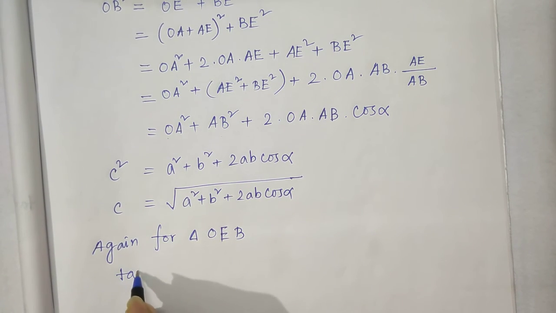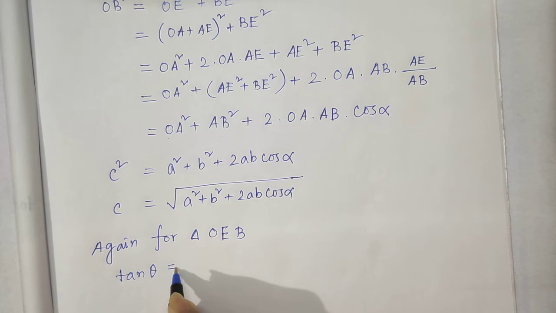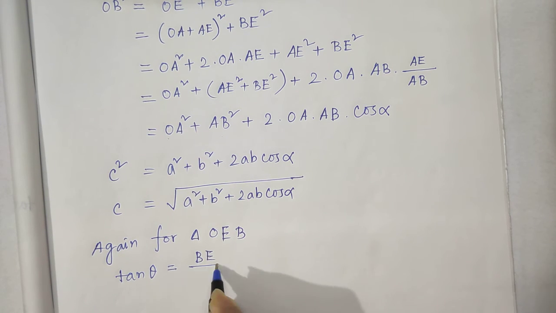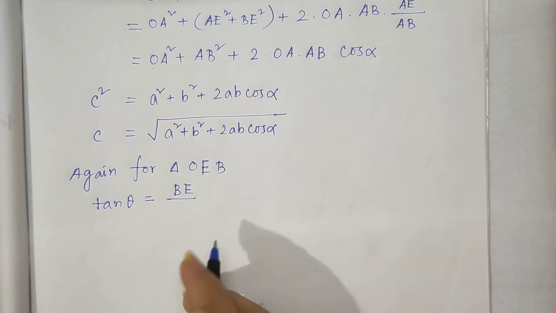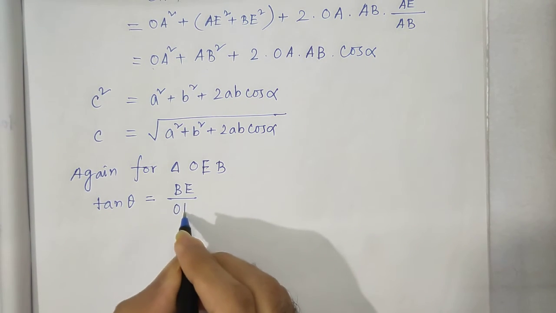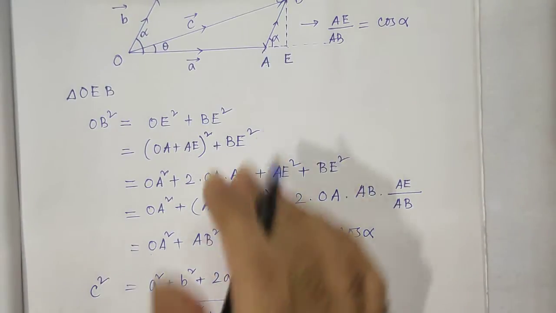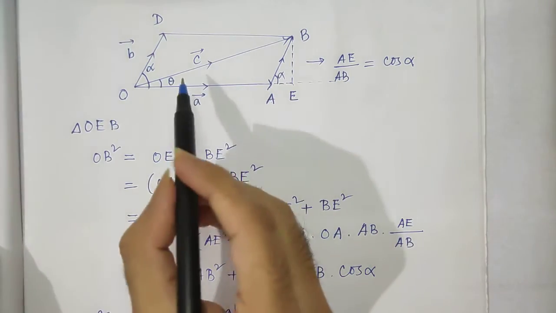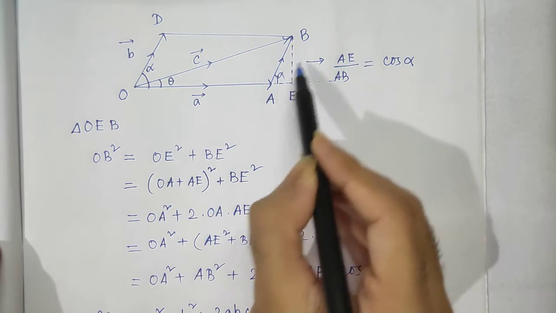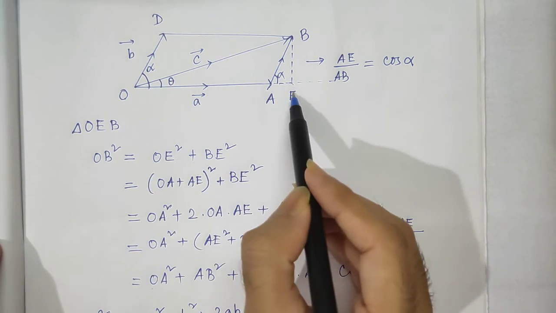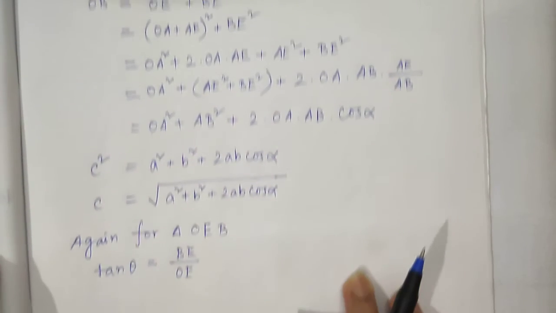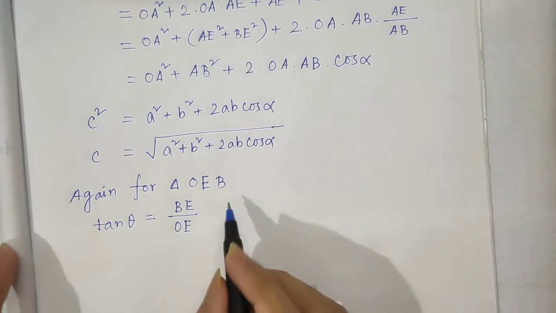So tan theta equals BE divided by OE. So tan theta will be BE divided by OE.